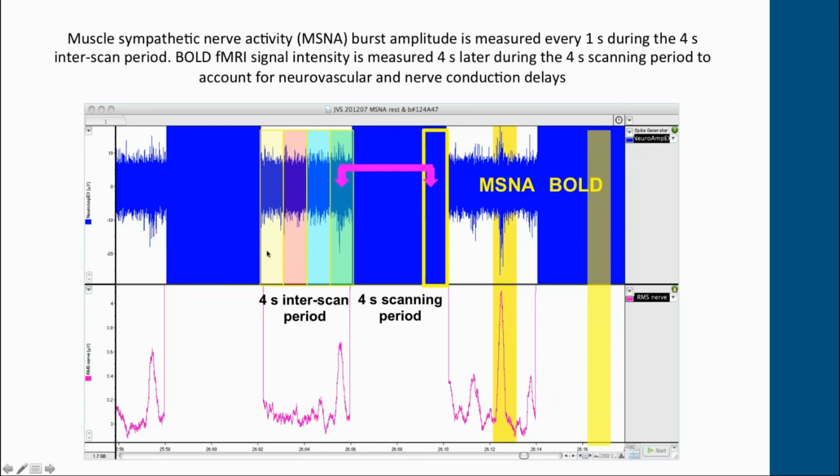So what we've done here is measure the burst activity in every 1 second epoch in this 4 second off period where we can actually see the nerve activity, and jump ahead in time to the brain scanning and look within the brain at the BOLD signal that is occurring 4 seconds after the 1 second period of interest.